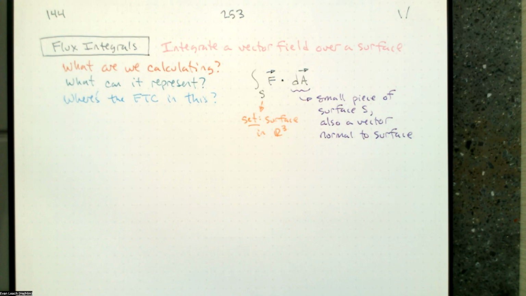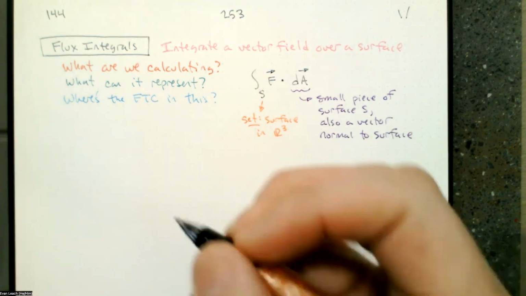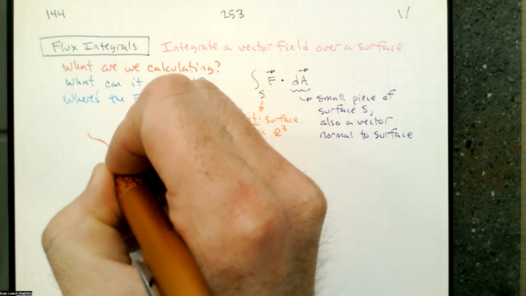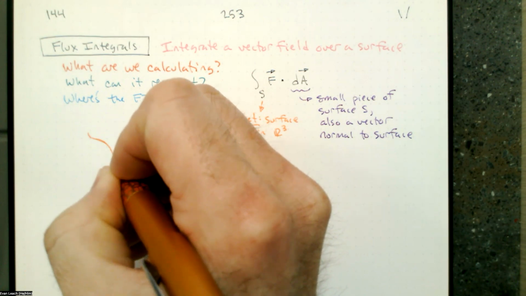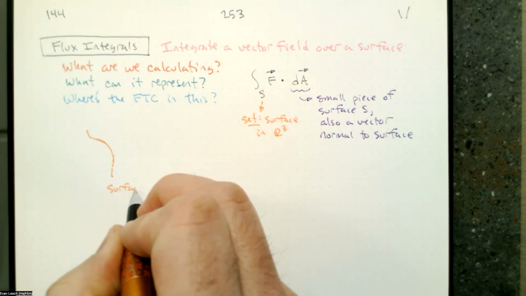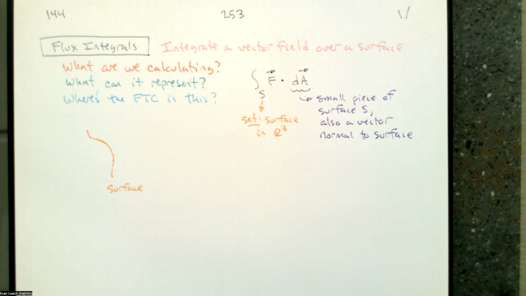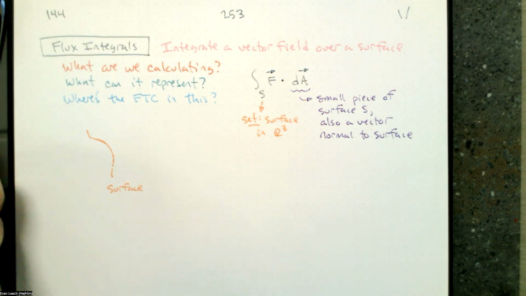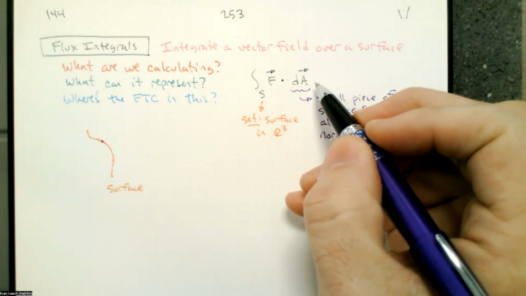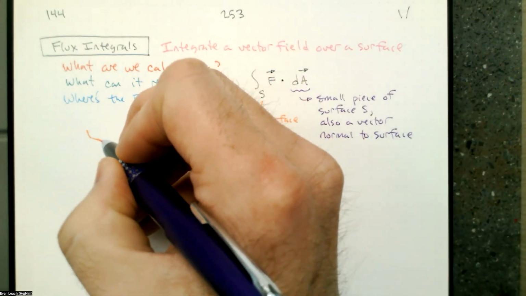So what we're imagining on the surface, we imagine looking at this surface from the side, then at a particular point, I'm going to describe the surface with a vector that is normal to the surface.